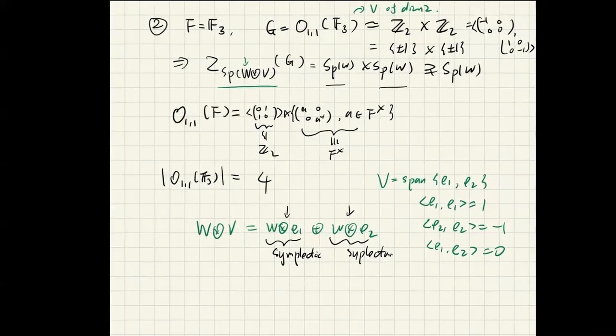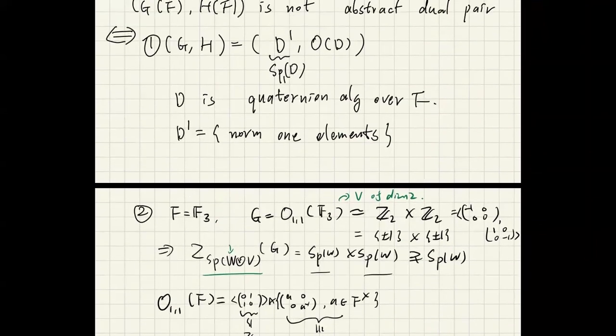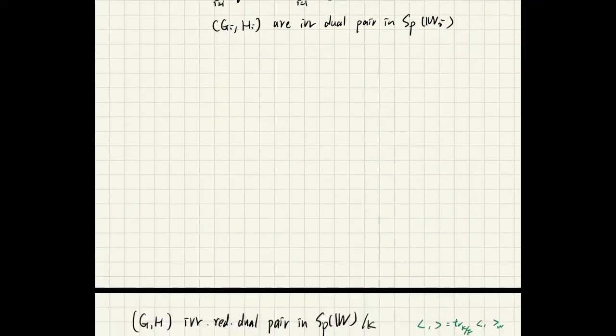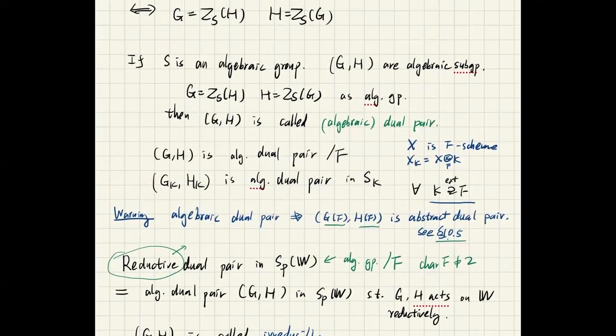So that's the example: although you will have a reductive dual pair, algebraically it's a dual pair, but its F points do not form an abstract dual pair.